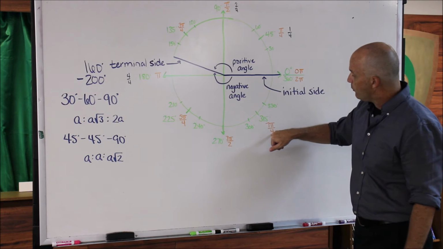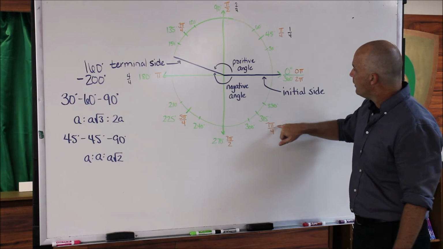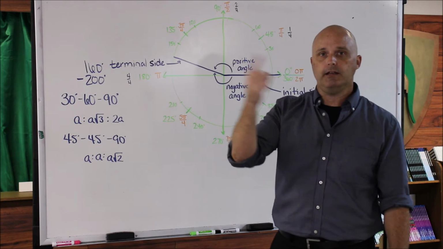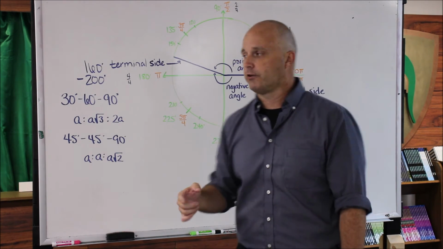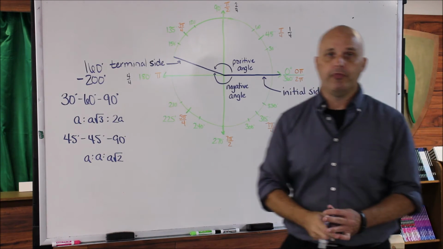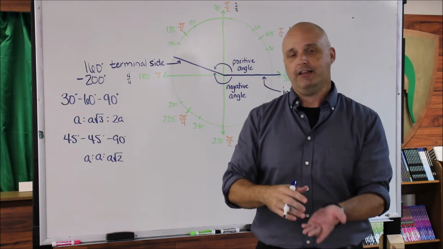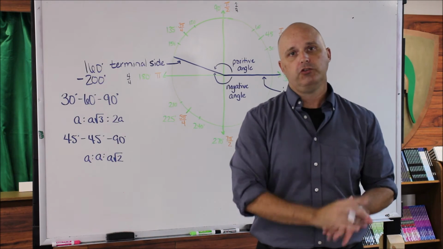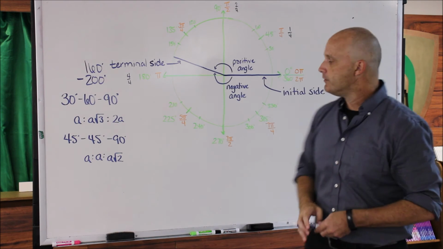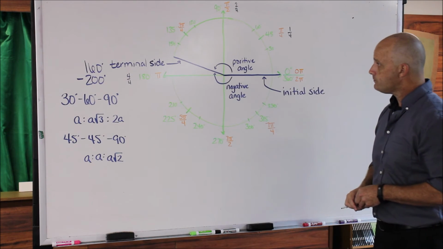Then we get to 7/4, which is 7 pi over 4, and then back around to 8/4. So if we make a complete loop around the unit circle, we end up back at 2 pi. The x-axis is both 0 pi and 2 pi at the same time, just as it's 0 degrees and 360 degrees at the same time.